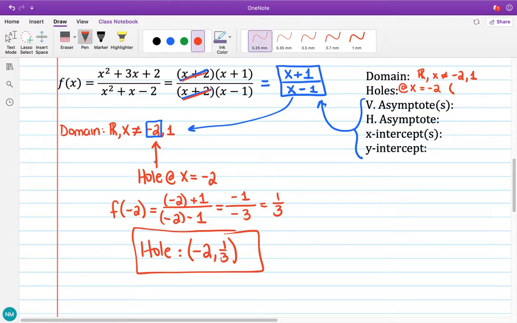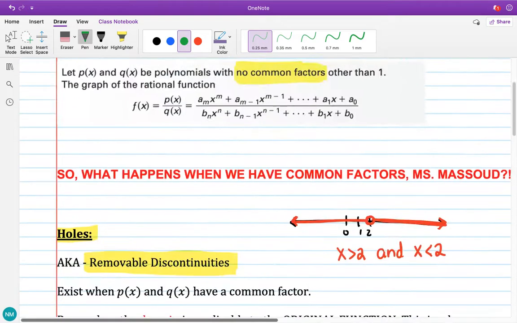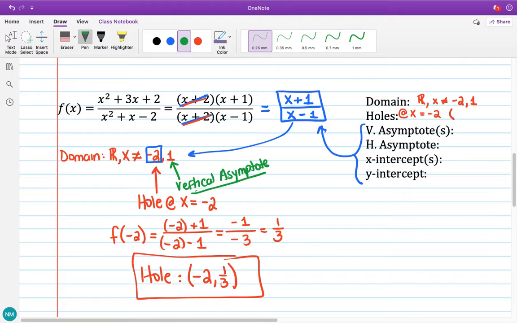So there is a hole at -2 and there is a what at 1? There is a vertical asymptote. That's why in all those videos, I emphasized for days that we've been using this definition, no common factors, because when we had no common factors, the values not in our domain went straight to our vertical asymptotes.